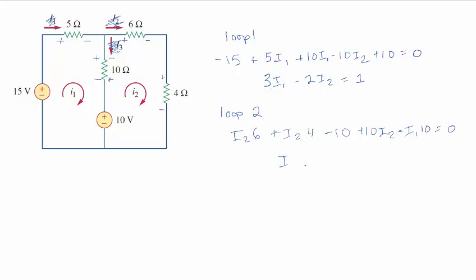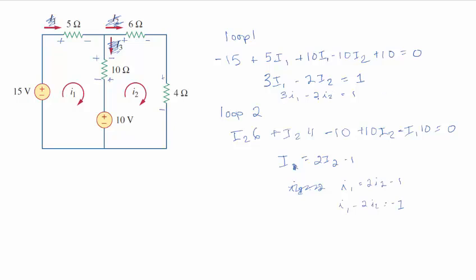So I rearrange those terms. If I was using the book, it was 3I1 minus 2I2 equals 1, and the second is I1 minus 2I2 equals minus 1.